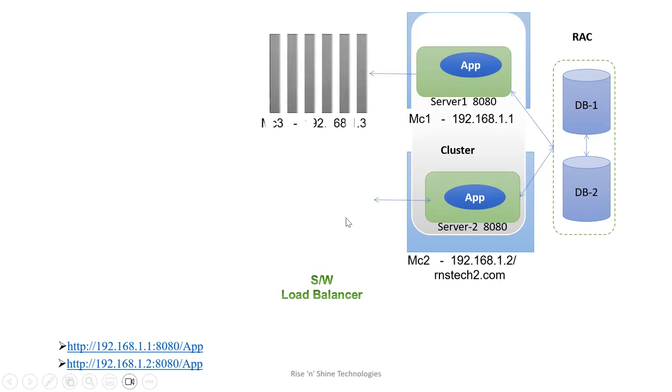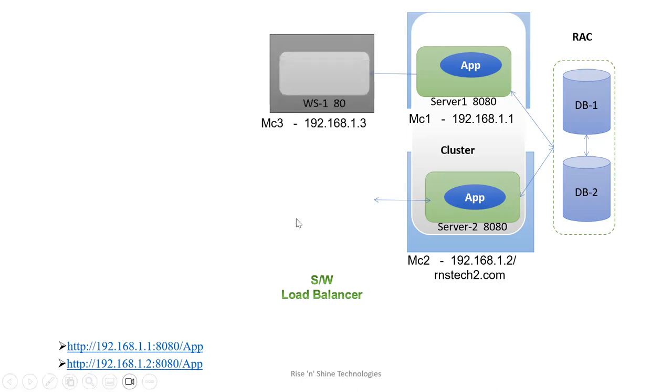But I can take the Apache server on port number 80, WS-1, that is a web server, Apache or Nginx or whatever it is. We can take this virtual machine and install Apache or a web server, and this web server we can configure as a load balancer to the backend Tomcat servers, Tomcat or WebLogic or whatever it is.